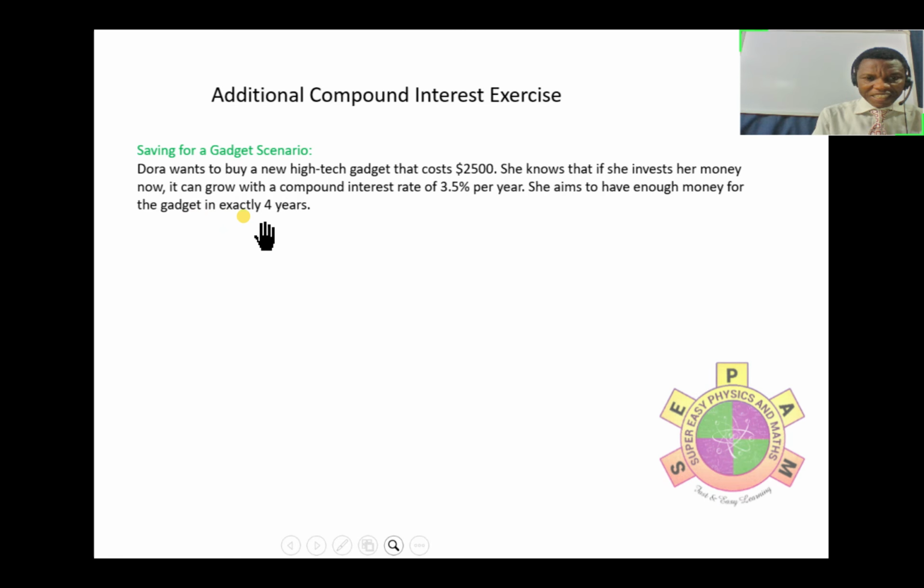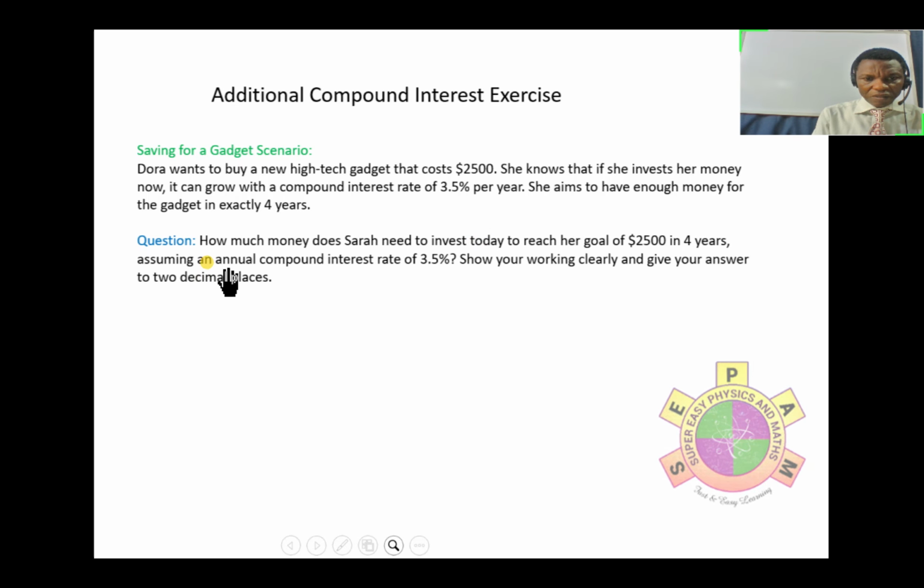She aims to have enough money for the gadget in exactly 4 years. Now, how much money does Dora need to invest today to reach her goal of $2,500 in 4 years, assuming an annual compound interest rate of 3.5%? Show the working clearly and give your answer to 2 decimal places.